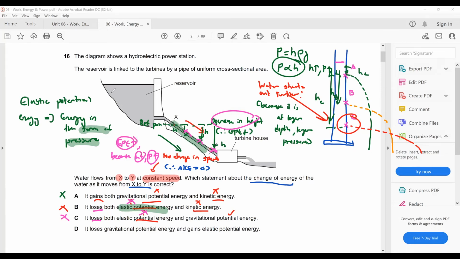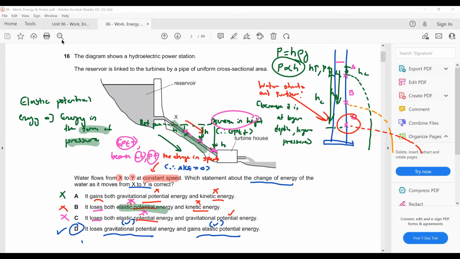Therefore, your elastic potential energy is increasing. All right. So the only correct answer would thus be just D. It loses gravitational potential energy. This one is correct because height decreases. It gains elastic potential energy because your depth is increasing, your pressure is increasing, therefore EPE increases. That is correct. Okay, so answer choice is D. This is the correct one.